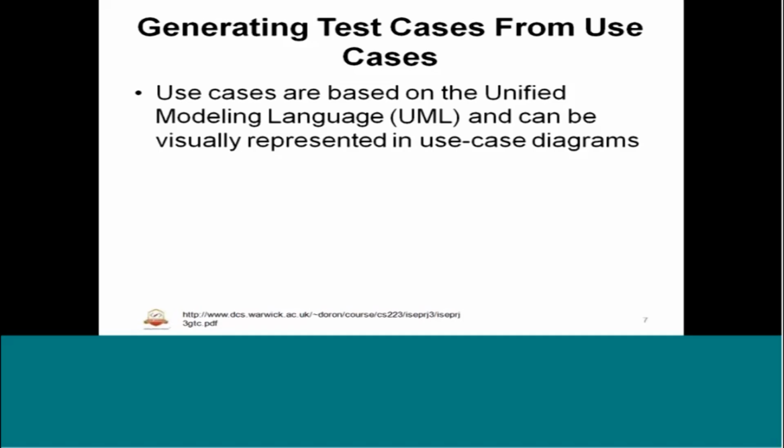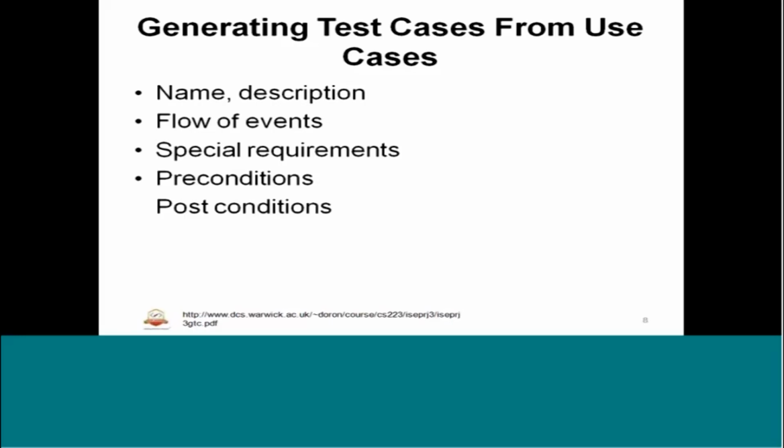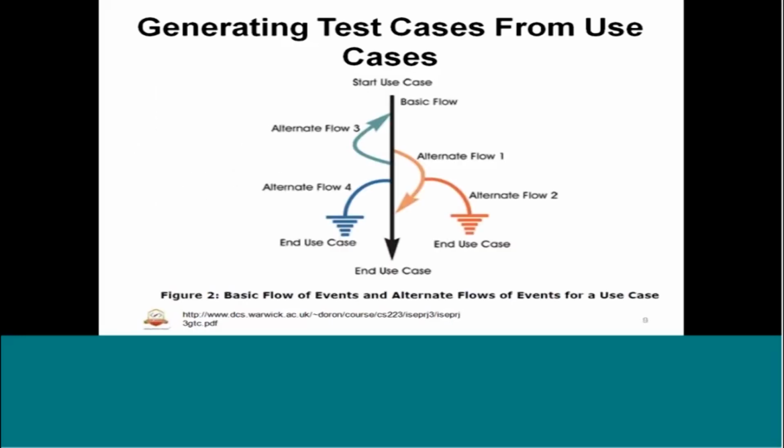The next one is an example of generating a test case. You can see different paths in this use case flow. This diagram depicts a basic flow of events and alternate flows of events for a use case. The basic flow will be the same.